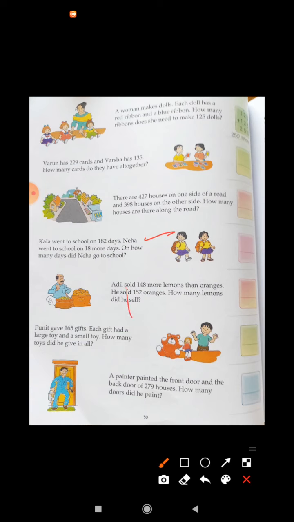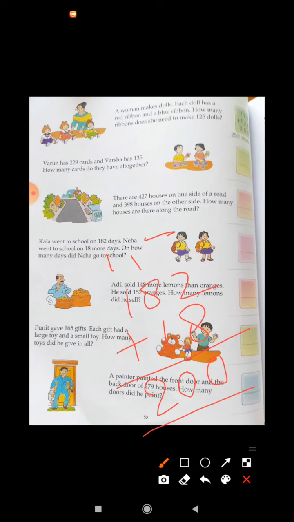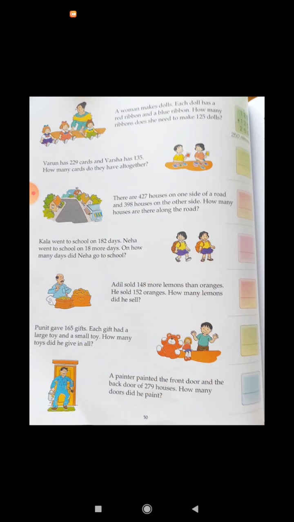You have to add 18 more days to 182. Okay? नेहा कला से 18 days ज़्यादा स्कूल गई. Now add the ones. 2 plus 8 is 10. Write here 0. 1 carry. Add the tens. 10. Write here 0. 1 carry. And 1 plus 1 is 2. The answer is 200 days. Neha went to school 200 days.